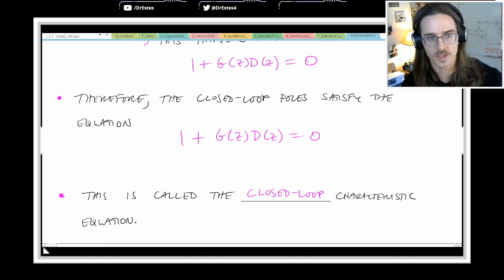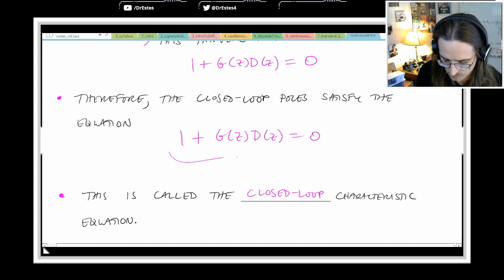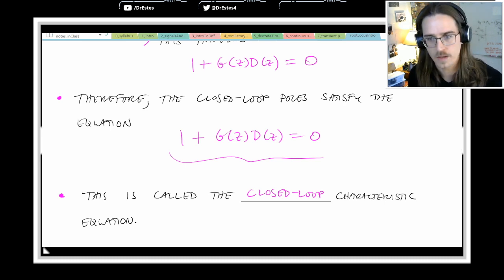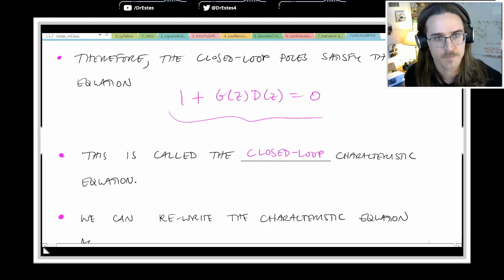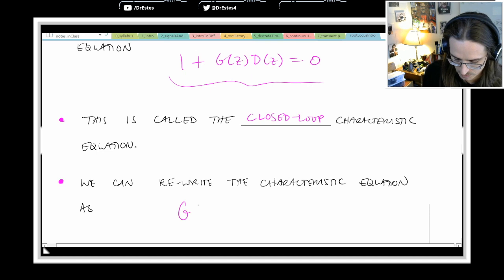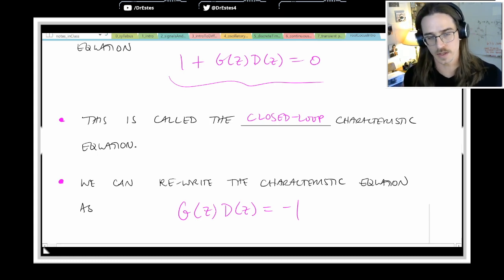The characteristic equation describes all the characteristics of a system. So this is a super important equation. This is going to be working towards the root locus. You'll see. We can rewrite this characteristic equation, and this is just a simple manipulation, as G(z) times D(z) equals minus 1. So I just move the 1 over to the other side.